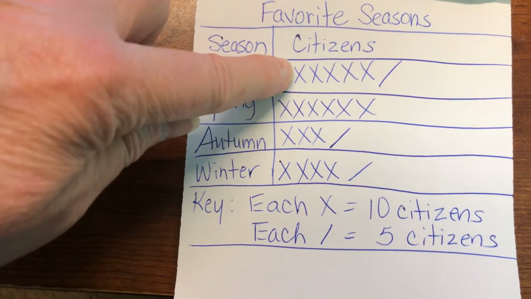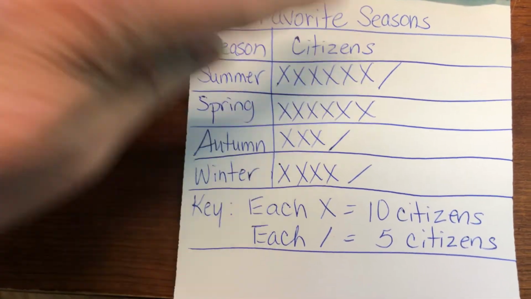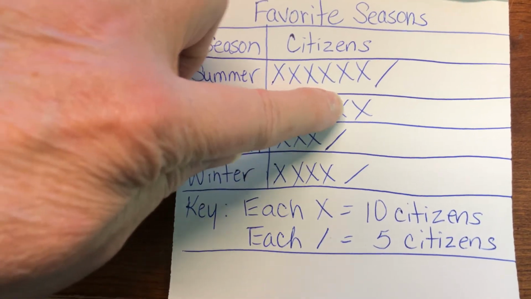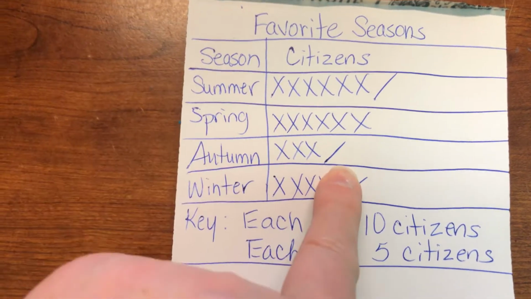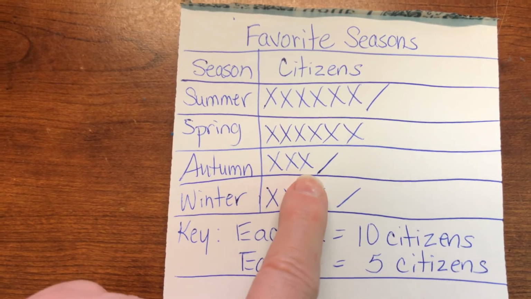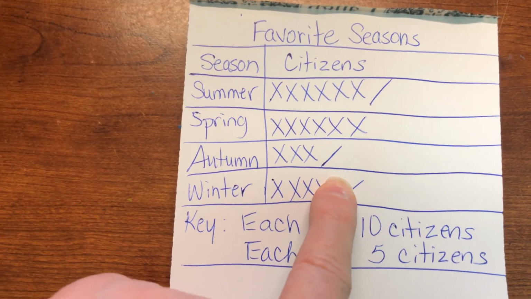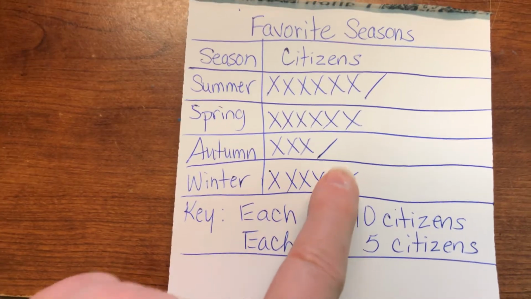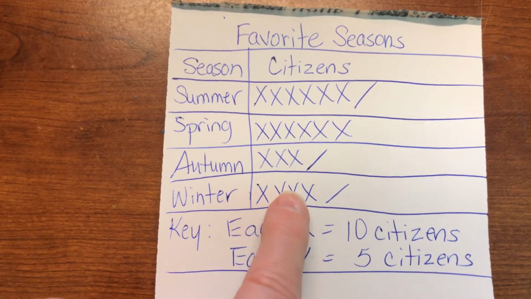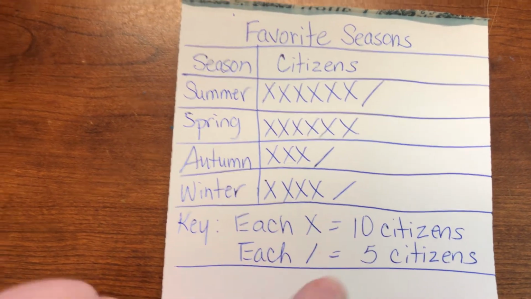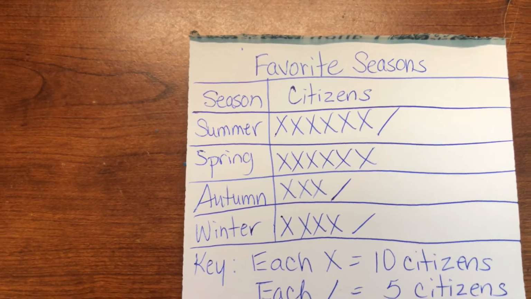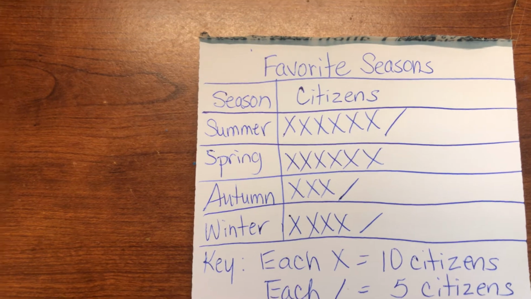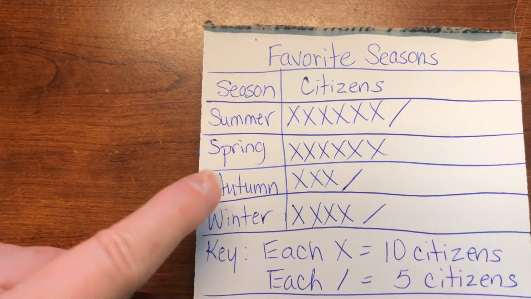So obviously 1, 2, 3, 4, 5, we have more here. 1, 2, 3, 4, 5, we have more in spring. 1, 2, 3 and a half. So that's 10, 20, 35. So that's one that would possibly be the answer. 10, 20, 30, 40, 45. So if I asked you what seasons are enjoyed by fewer than 50 citizens, you would tell me autumn and winter.